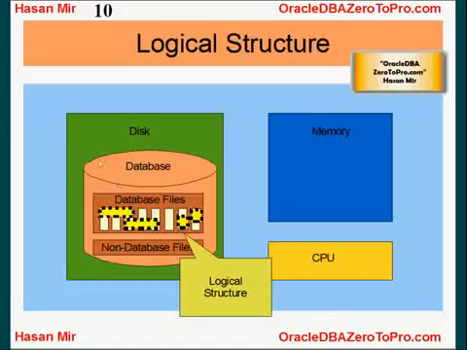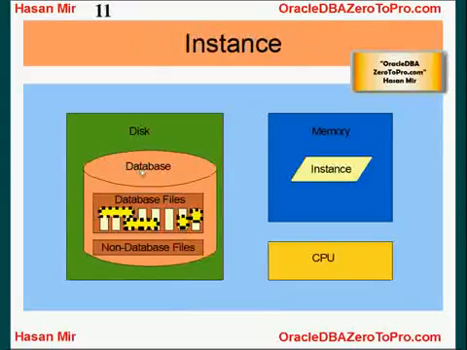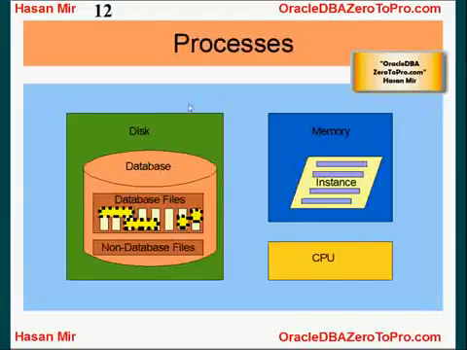Now let's talk about instance. The problem is that most people use the word instance and database interchangeably. They're two different things. Database is simply a collection of files. Instance is programs, the software running in the memory. Now an Oracle instance of course consists of multiple processes.